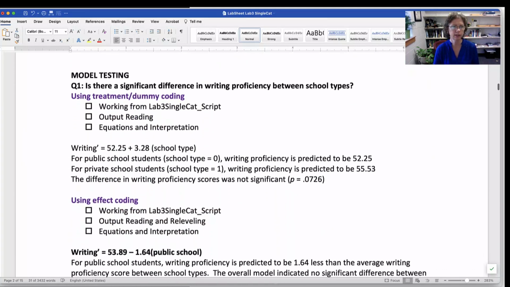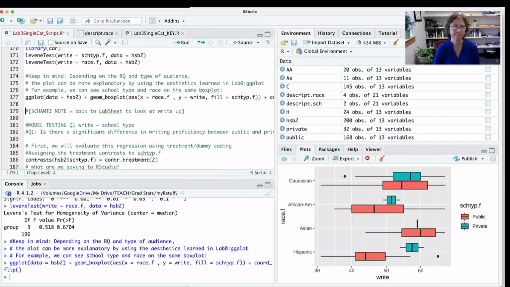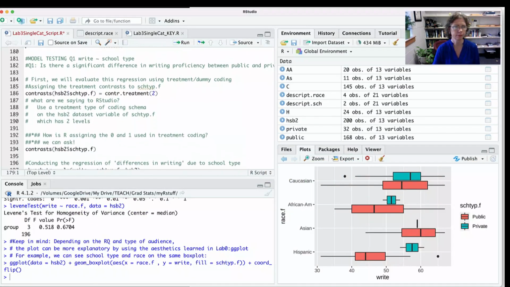So in model testing, we're going to start with the first question. Is there a significant difference in writing proficiency between school types? And we're going to be working with treatment or dummy coding first. The first thing we need to do is assign treatment contrasts to the school type variable.